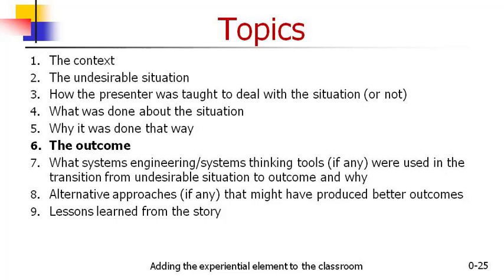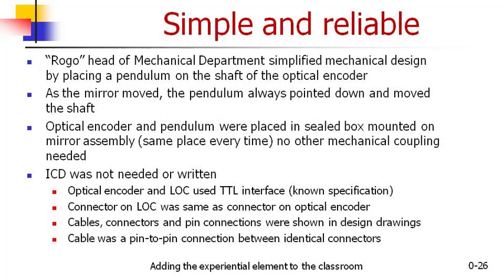What was the outcome? Well, that was simple. The head of the mechanical department, Rogo, simplified the mechanical design by taking the shaft of the optical encoder and attaching a pendulum to it. So the pendulum was always vertical, whatever position the shaft was in.